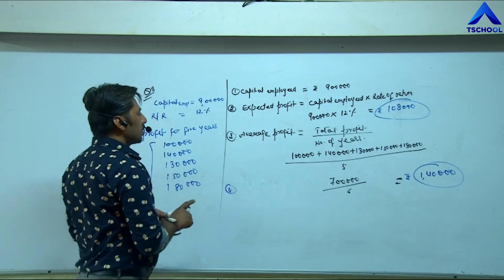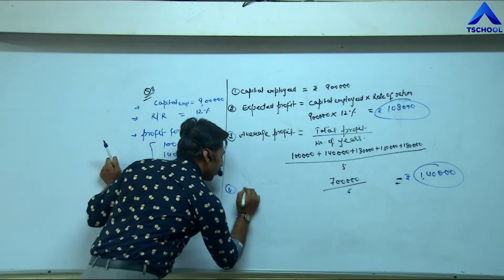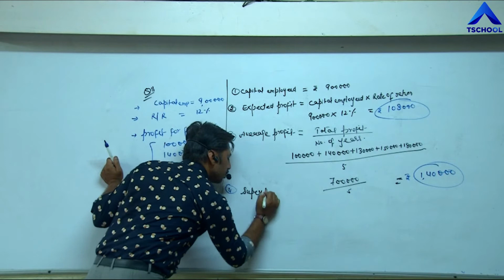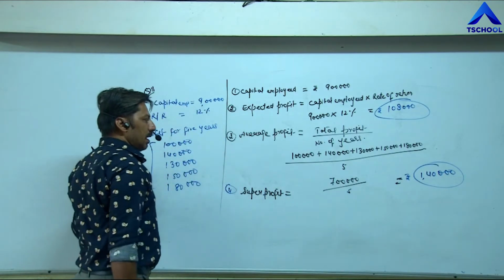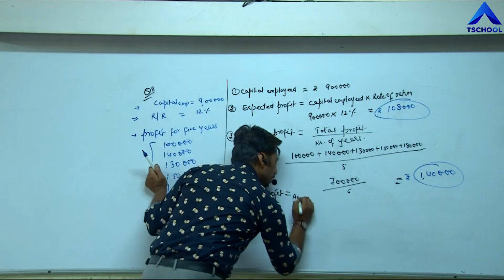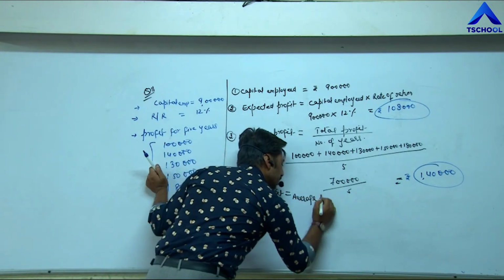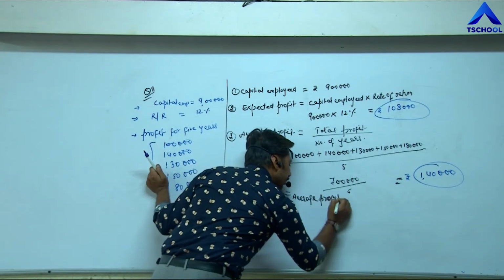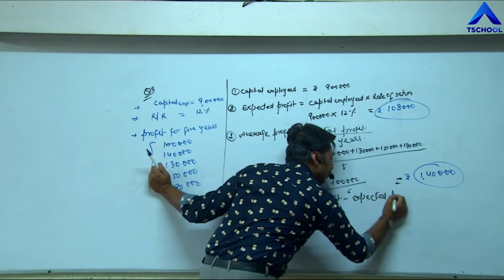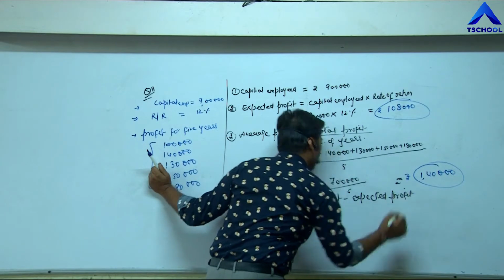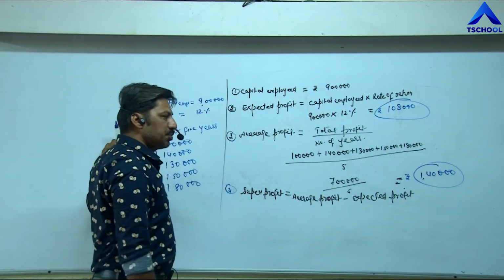Now the fourth step is to calculate super profit. The formula for super profit is average profit minus expected profit.